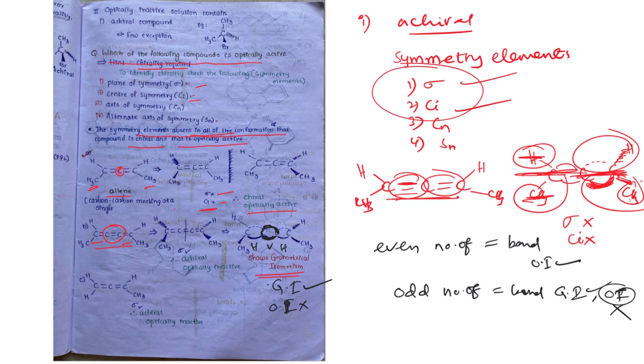Now if any two groups are the same on any one end, then compulsorily, if you consider this horizontal and this vertical, a plane of symmetry is present, therefore optically inactive.